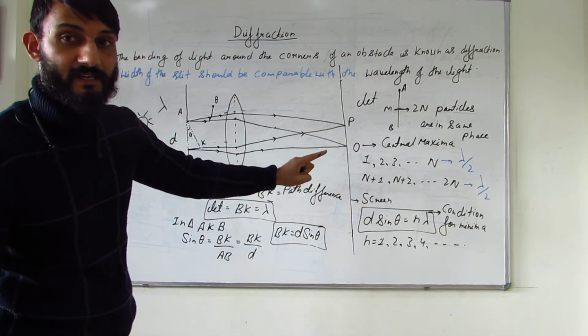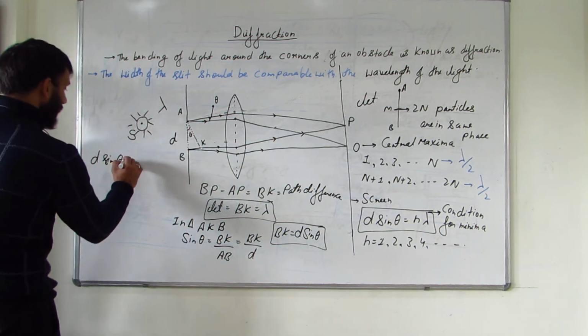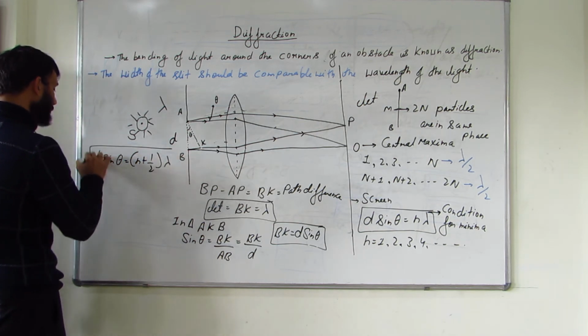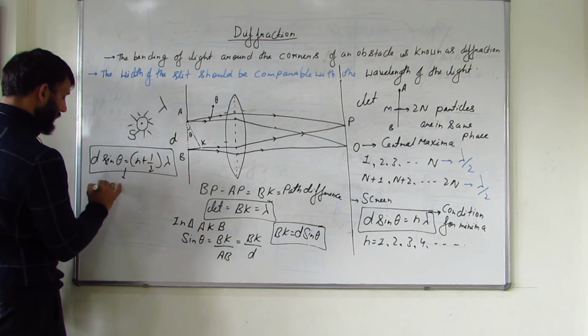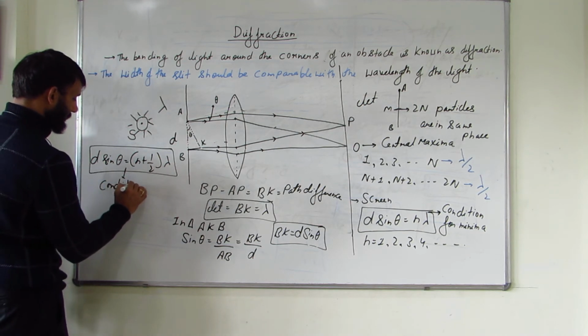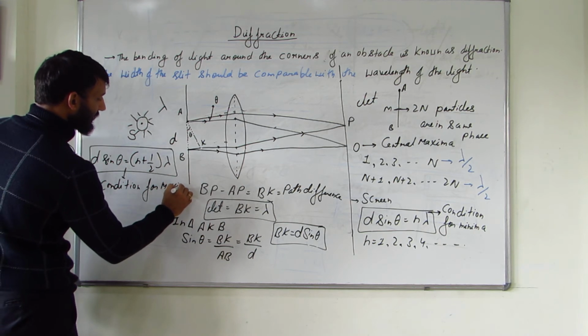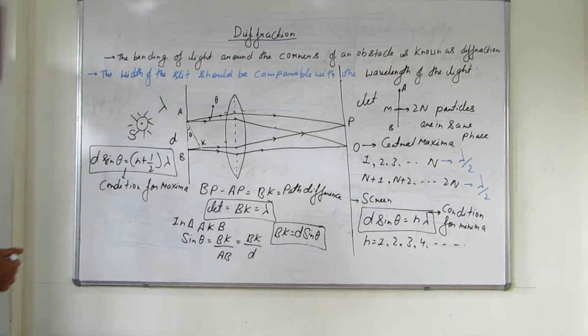Lambda is getting divided. So now this will be d sine theta equals n plus half into lambda. So this is the condition for maximum. This can be explained in a similar way as we did for that.